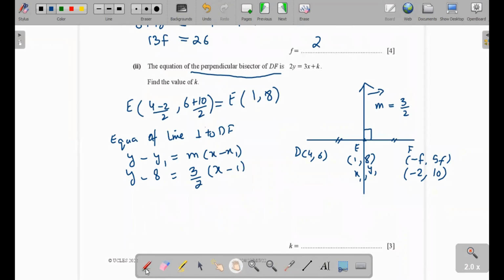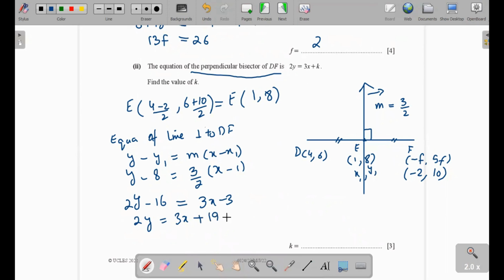To solve this, 2y minus 16 equals 3x minus 3, when we multiply the 2 from the right to the left side. Therefore, 2y equals 3x plus 13.